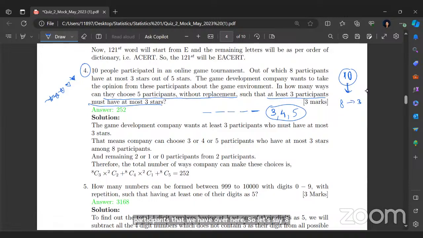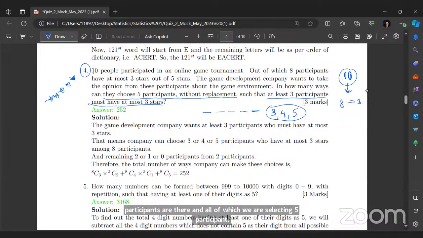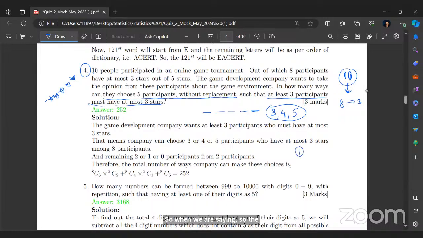So the first option can be that 3 people have at most 3 stars, right?